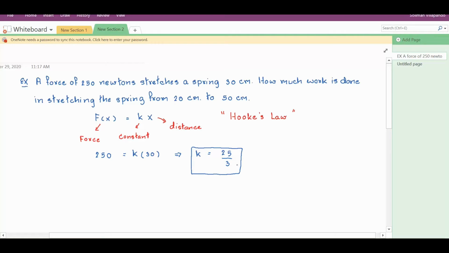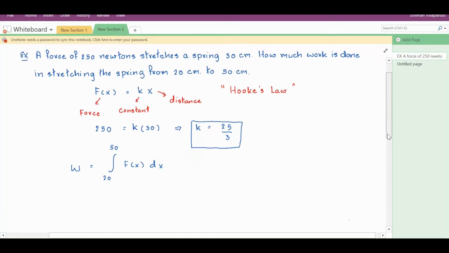The question is how much work is done to stretch the spring from 20 centimeters to 50 centimeters. So my work, W, is going to be equal to an integral, where a is 20, b is 50, of f of x dx.